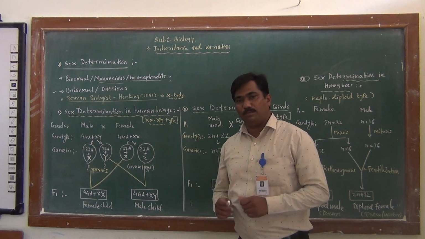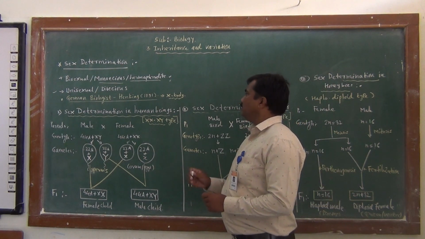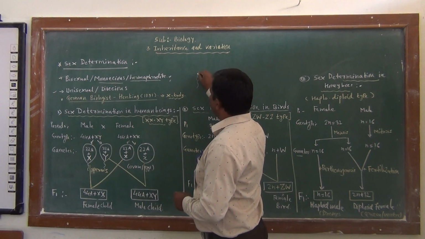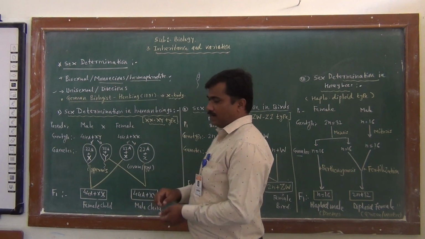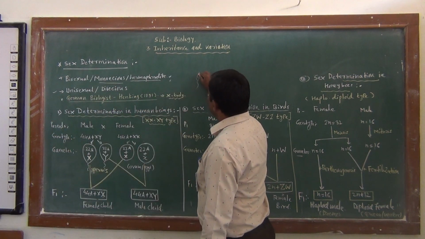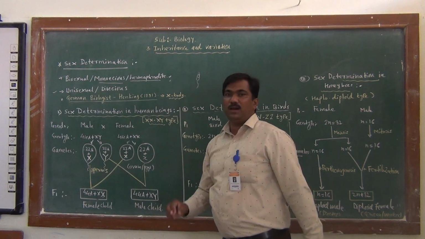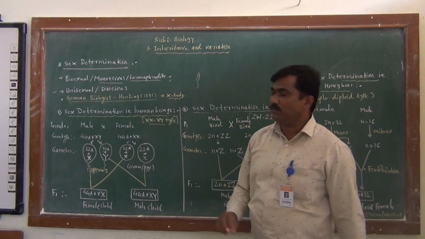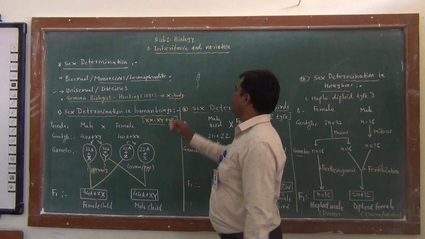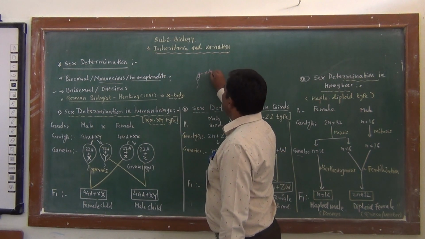During that time, he observed a darkly stained body in the nucleus. This is an unpaired chromosome. This unpaired chromosome he called the X body.